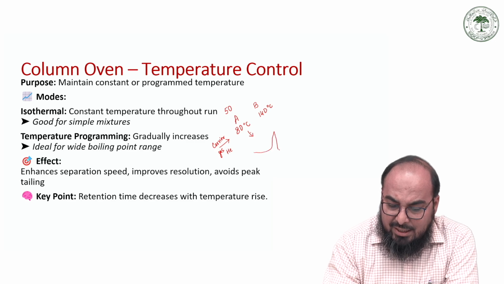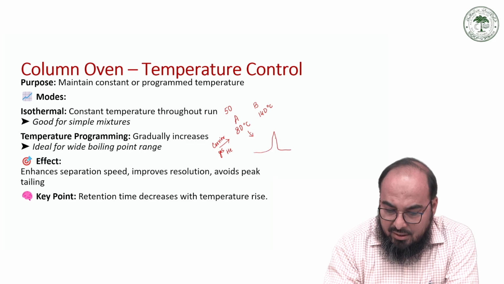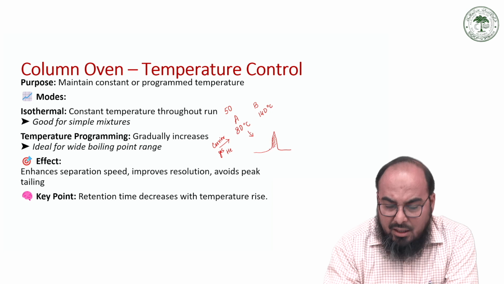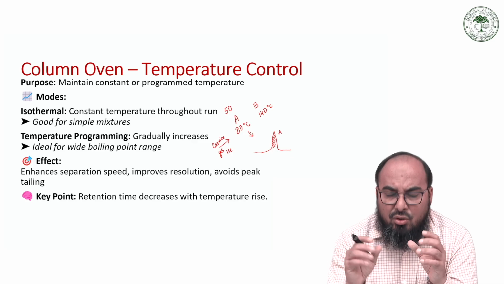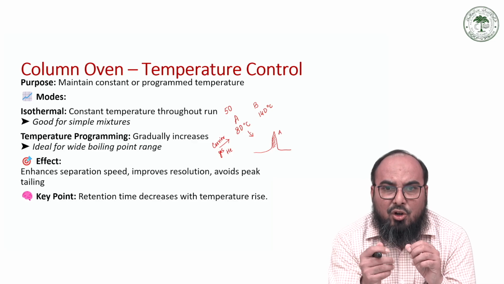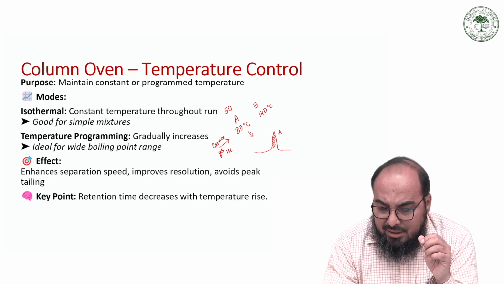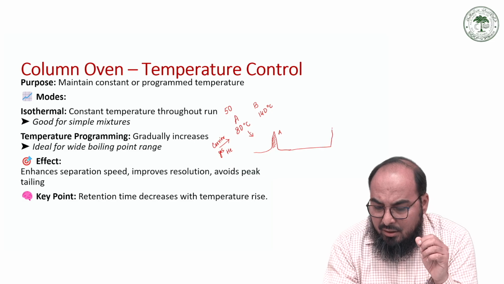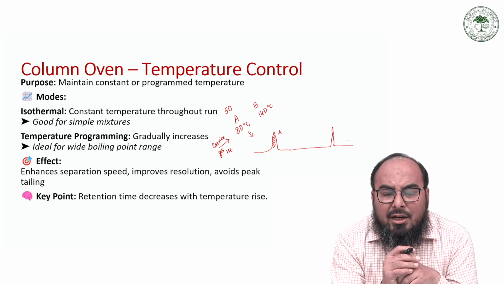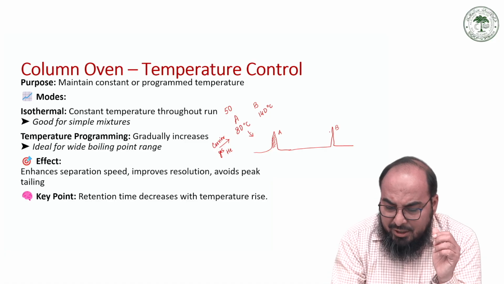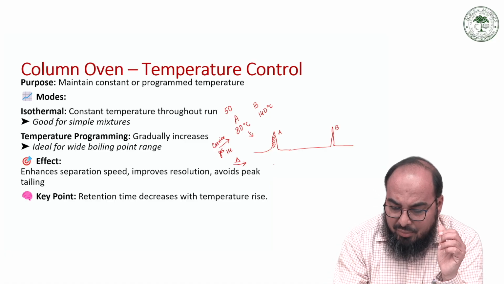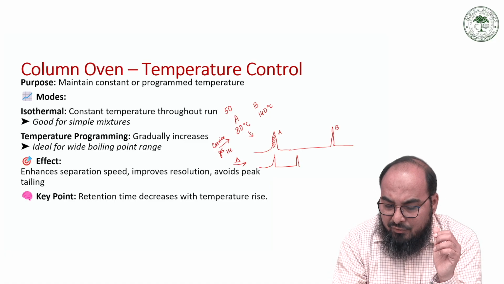Initially you will get a peak of A, and of course the area under the peak gives you the quantity of A. Then instead of waiting for too long, you just increase the temperature of your column. The moment you increase the temperature, instead of coming after a large amount of time, it will elute very fast.